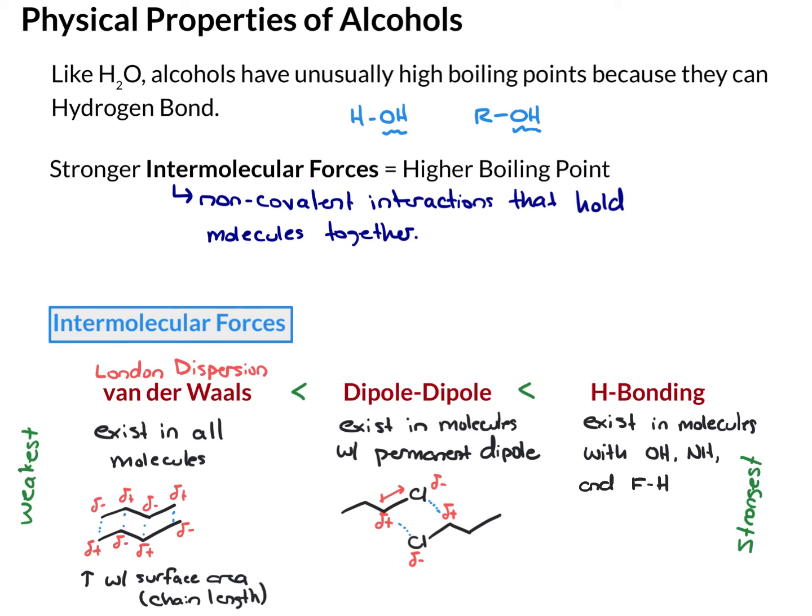So what this is, if we just look at the simplest case of hydrogen bonding, water. If we draw a couple of water molecules, what will happen here is a lone pair on one oxygen will be attracted to the hydrogen that's bonded to another oxygen. So that's a hydrogen bond right there.